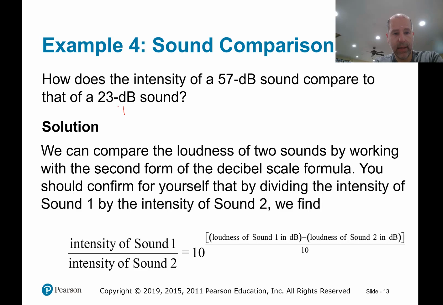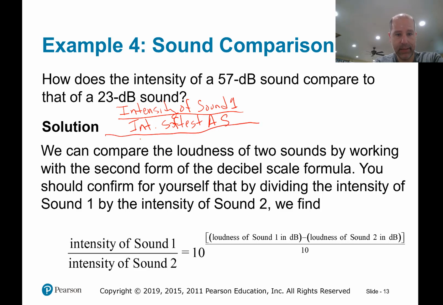So when we're taking the intensity of sound 1 divided by intensity of softest audible sound, and then we divide that by the intensity of sound 2 divided by the intensity of the softest audible sound.